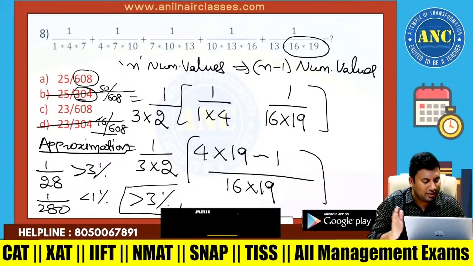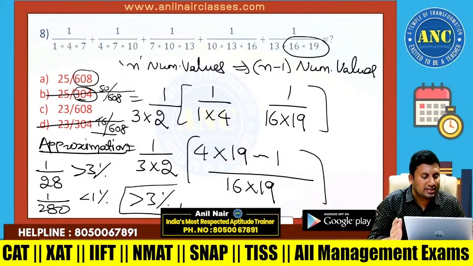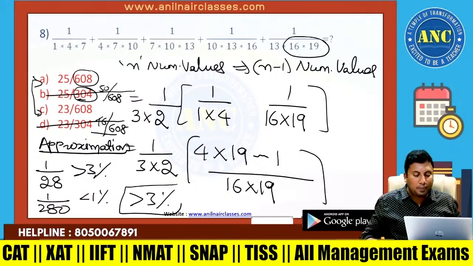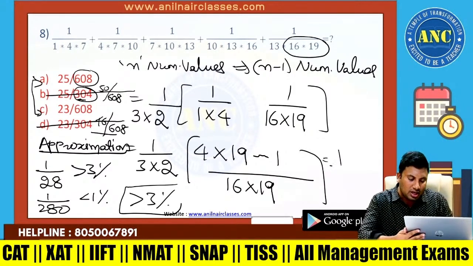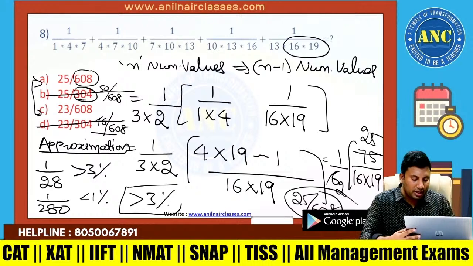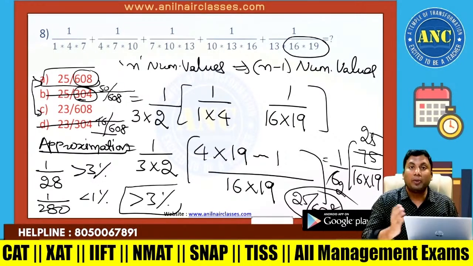Around 3 to 4 the value is getting oscillated. It is greater than 4. So 2 options you are able to eliminate because of this option saving approach. So these are nothing but 1 by 6 into 75 by 16 into 19. 3 25s are 75. 25 by 608. 25 by 608. I hope it is clear, right?